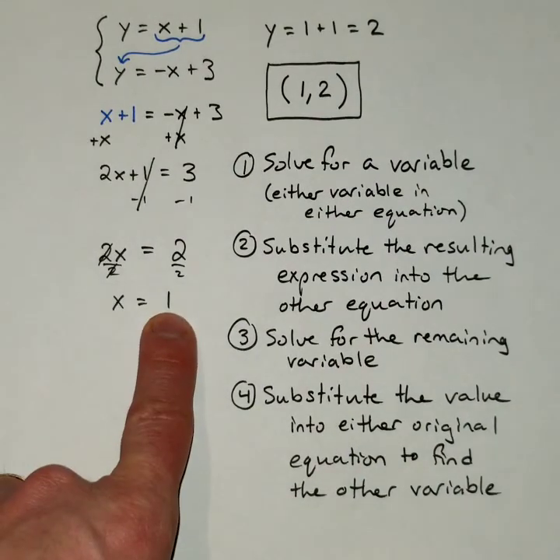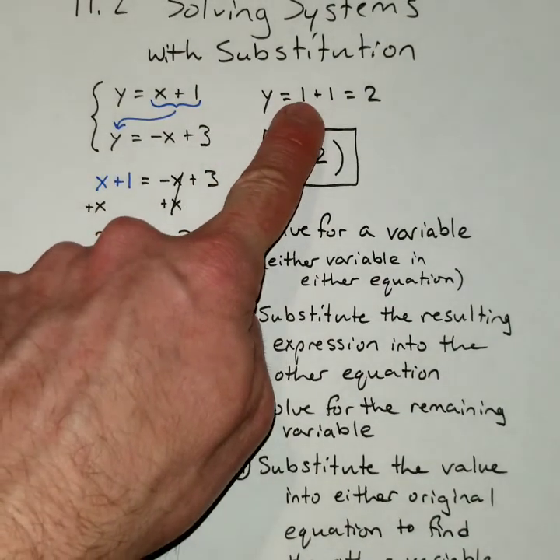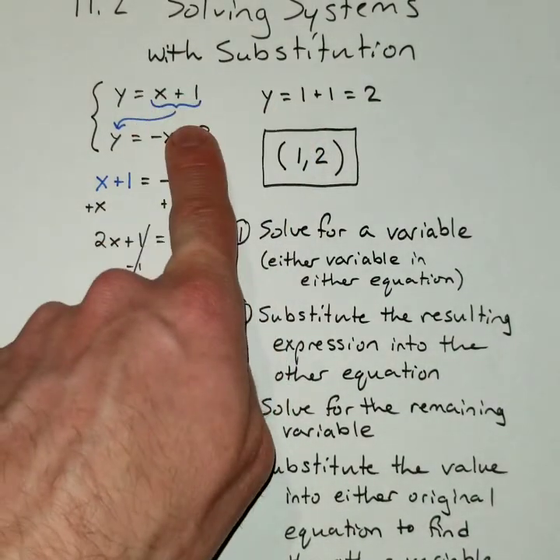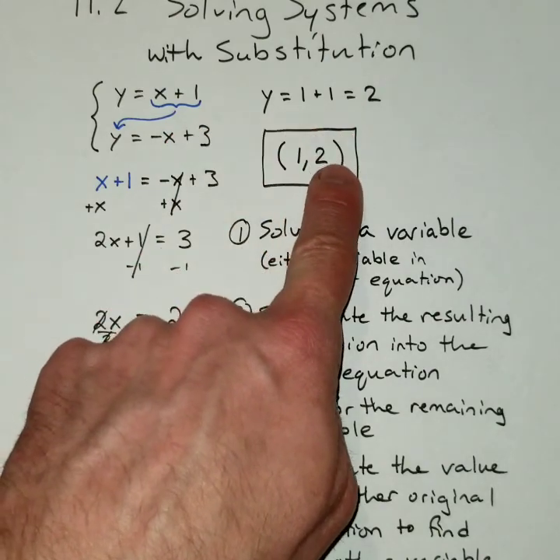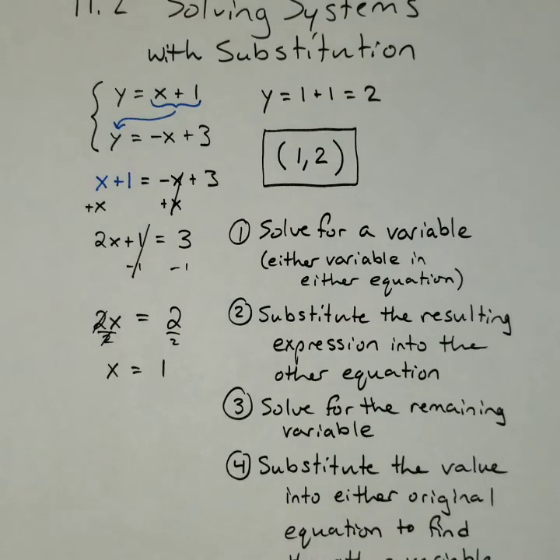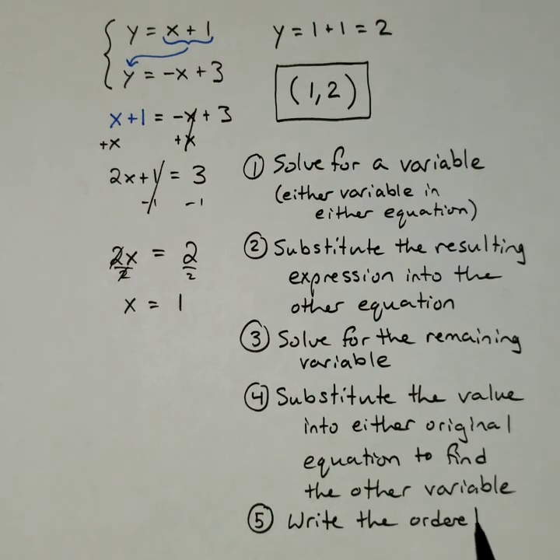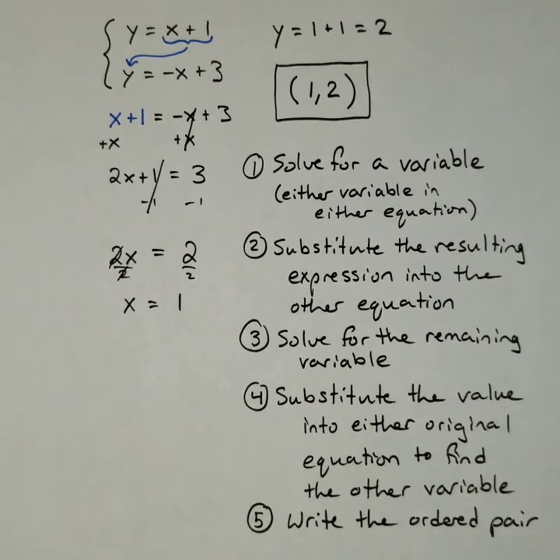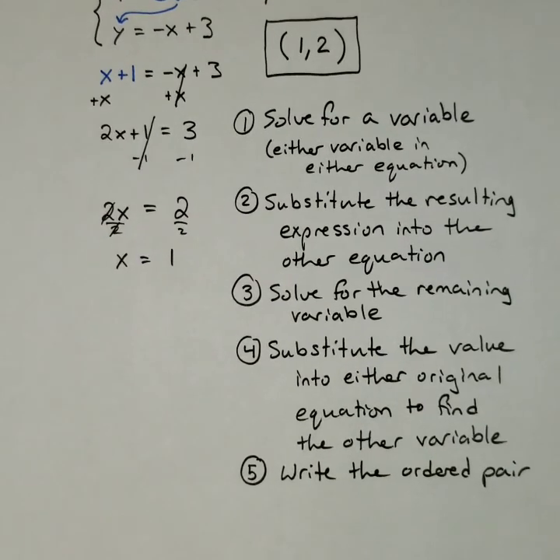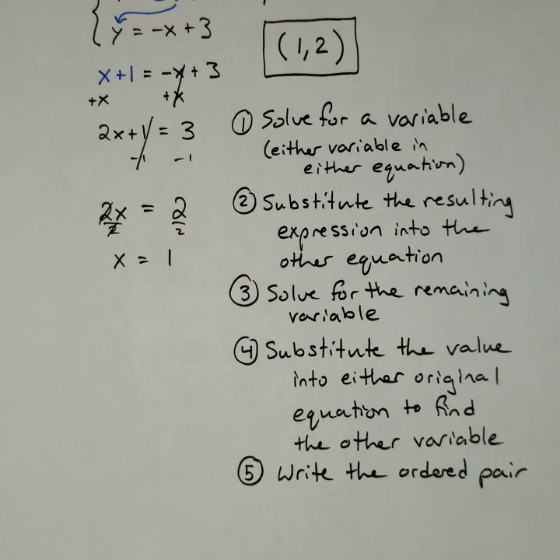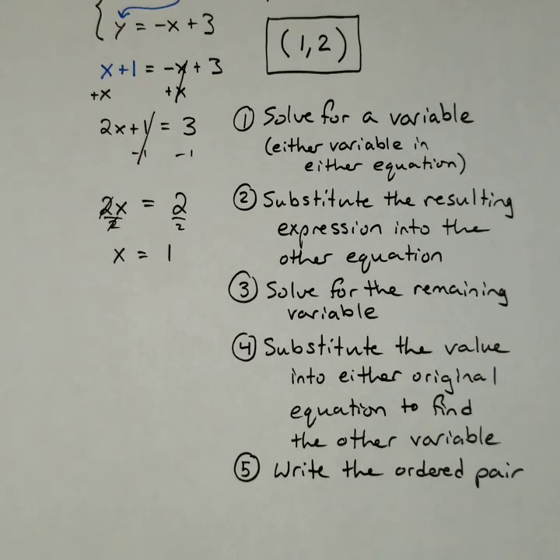That's where we took the 1 and substituted it into either of the original equations. Remember, I said it didn't matter which one, and that allowed us to solve for the other variable. And then number 5, the last step, is to write the ordered pair. That is very important. You must have the ordered pair as your solution. In the next video we'll look at a few other examples, more difficult ones, and a variety of different conclusions.